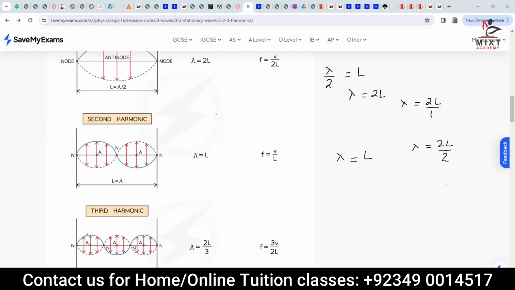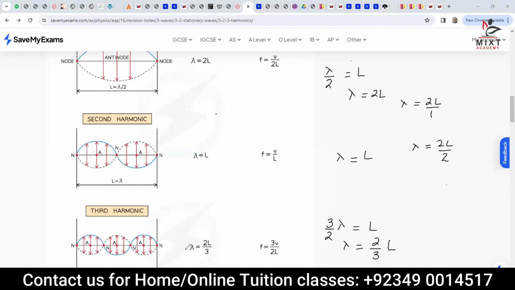Okay, this one. How many lambda do you have? One and a half, 1.5, which means 3/2. 3/2 lambda is equal to L. So lambda is equal to 2L/3.